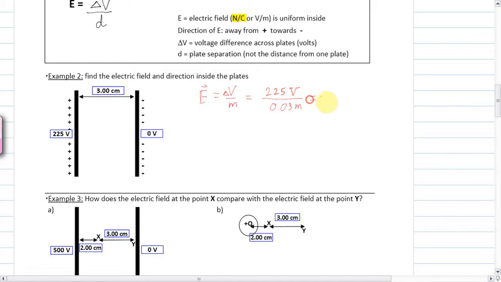This gives us a numerical value of 7,500 units. It's volts per meter, but since it's asking for the E field, I'm going to say it's newtons per coulomb, because a volt per meter is a newton per coulomb. But we also need the direction.